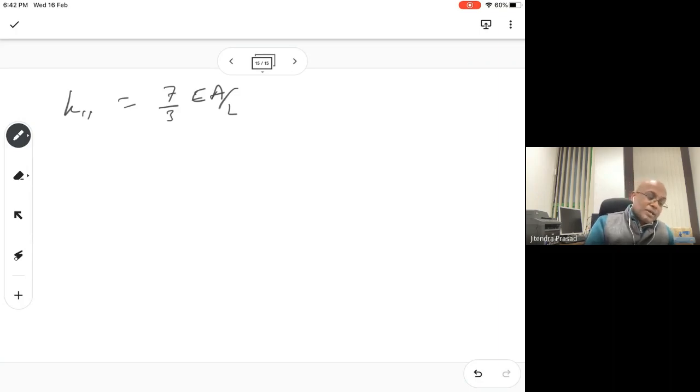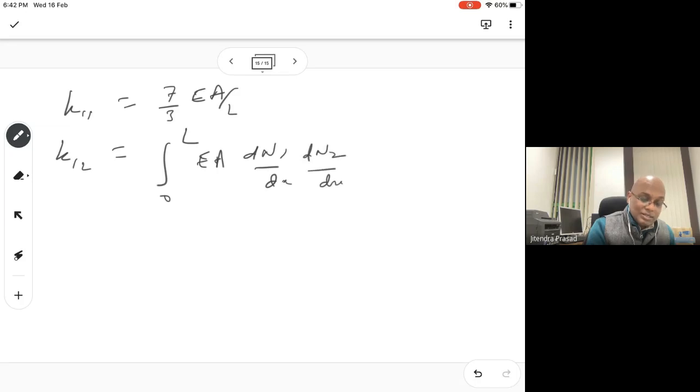Okay. Now K12, if you want to do it, how will it be? The integral from 0 to L of EA times dN1 over dx times dN2 over dx is equal to the integral from 0 to L of EA, where dN1 we know is 2 over L square multiplied by 2x minus L over 2, right?